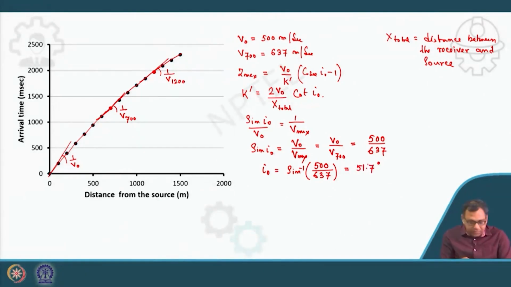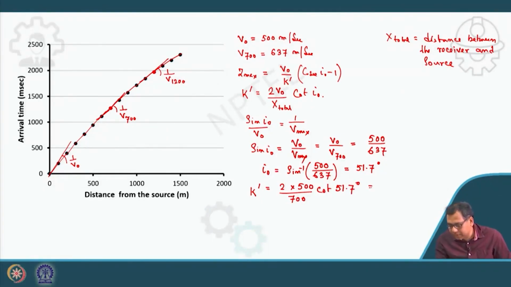So I will get the I0. Now I will get the K dash. K dash will be 2 V0, which is 500, and x total is 700, then cot 51.7 degree, which is coming out to be 1.13.